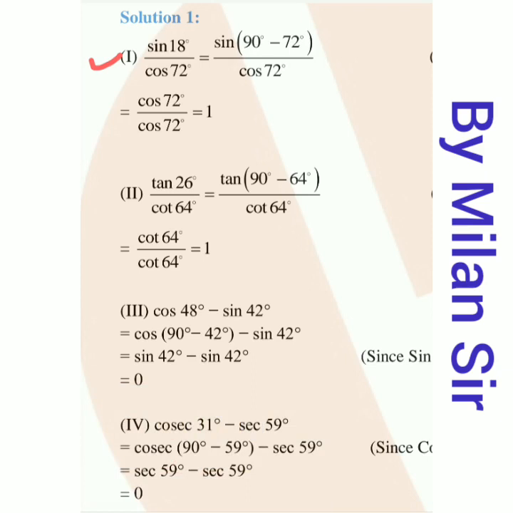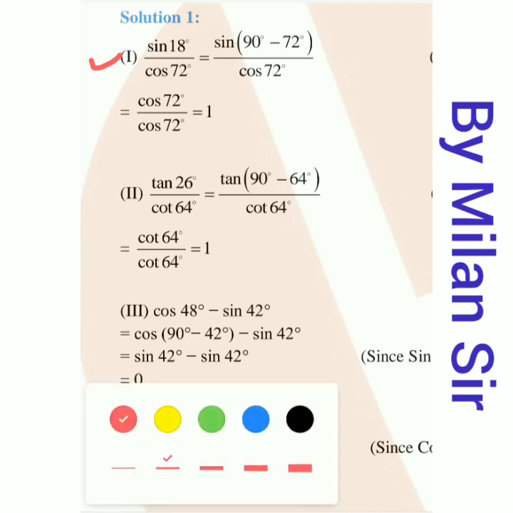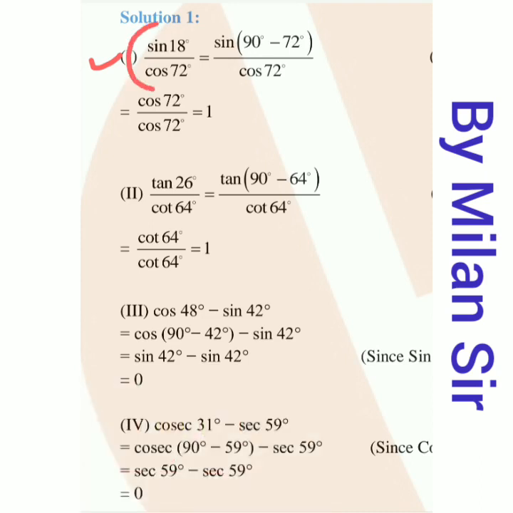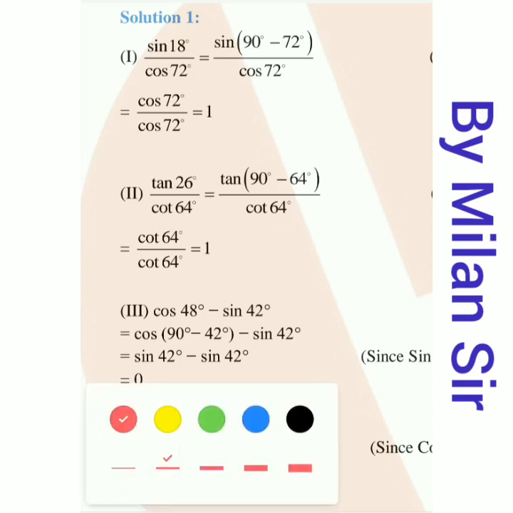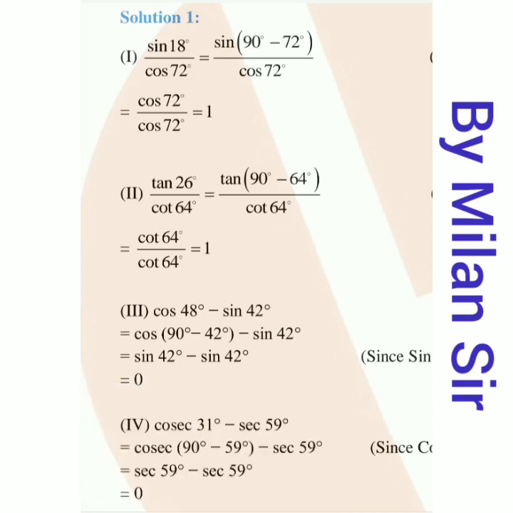So here we can use the formula of complementary angles. Sine and cos are complementary functions, so we can convert sine into cos and cos into sine. Here I am going with conversion of sine into cos.